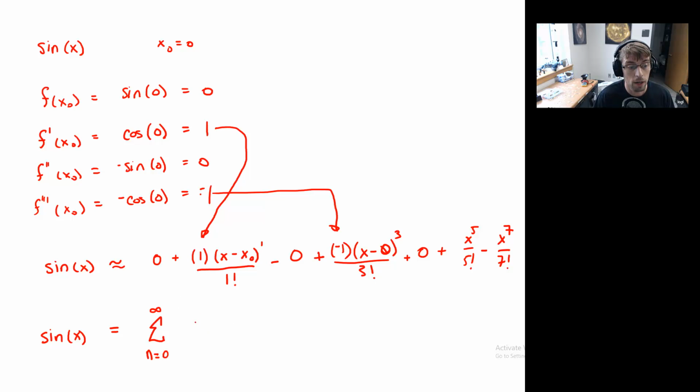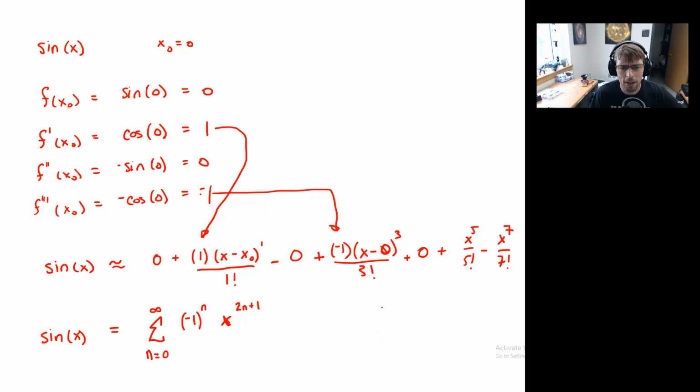And what we can write is -1 to the nth power times x minus x naught. Excuse me. We said x naught is 0, so we'll just leave it as x. And here's the secret sauce. Ready? I'm going to put 2n plus 1.